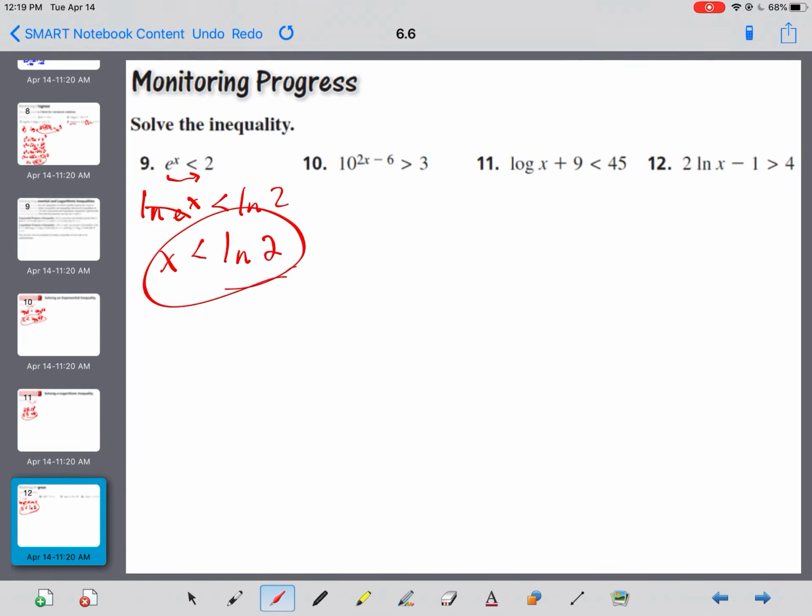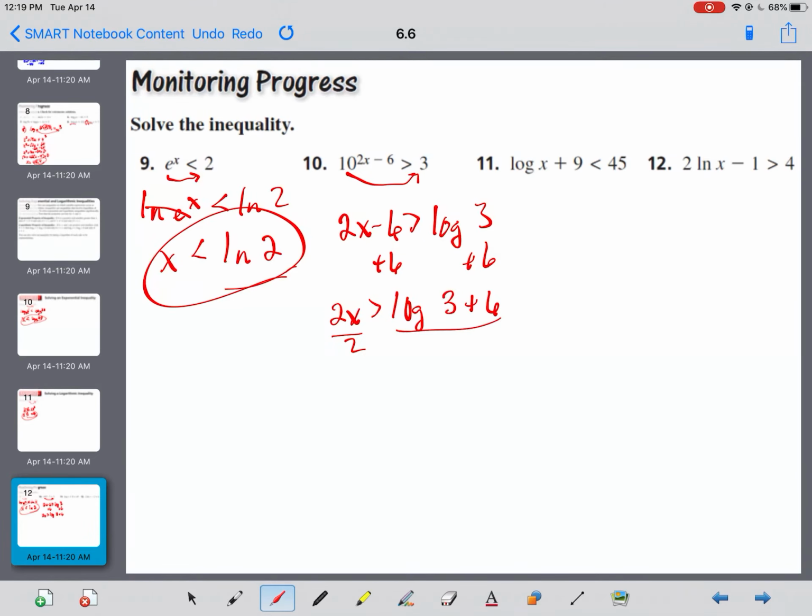Now, this one, move that over. 2x minus 6 greater than log base 10 of 3. So I can just say log of 3. Add the 6. 2x greater than log 3 plus 6. Divide the whole thing by 2. x greater than.